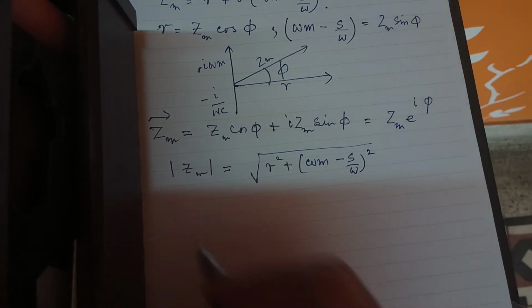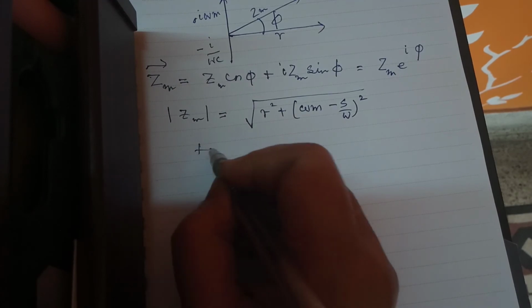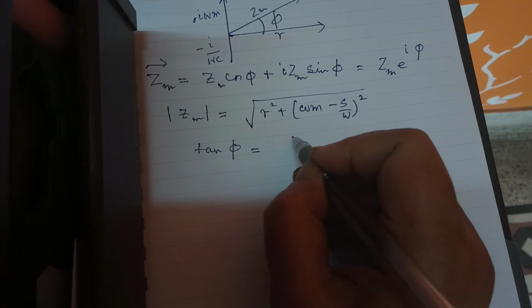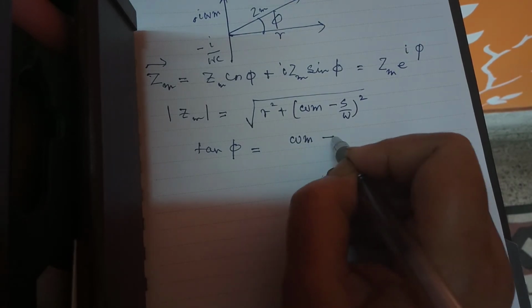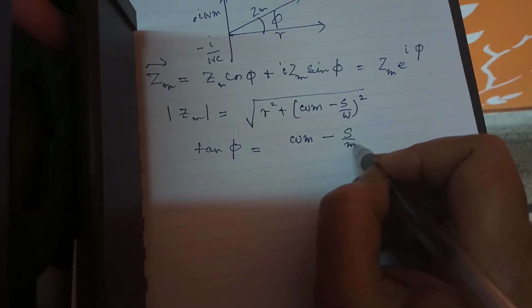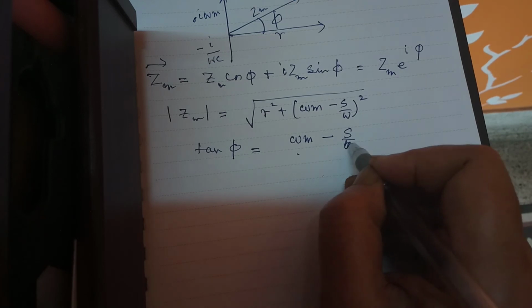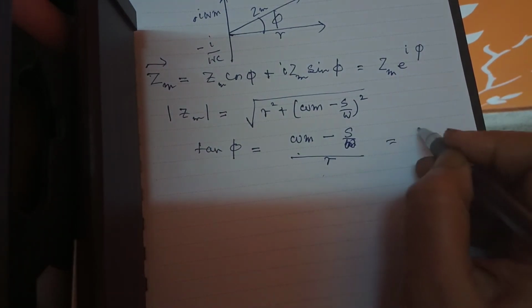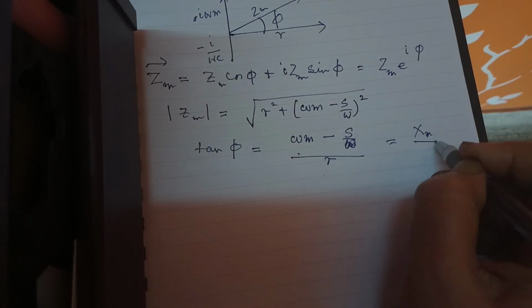What do you get for tan phi? We have worked on tan phi. For tan phi, you get omega m minus s by omega divided by r. So you can call this as xm by r.